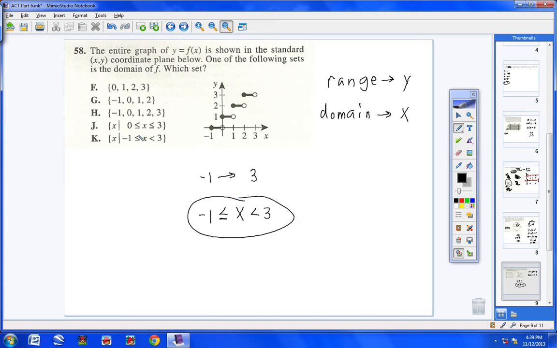And of course, if you try to match that up here, you're going to see this right here, and this means the set of x such that x is greater than or equal to -1 and less than 3. So they're testing your ability here to remember what domain and range means, and then how to read a graph and understand what the domain is. Number 59.